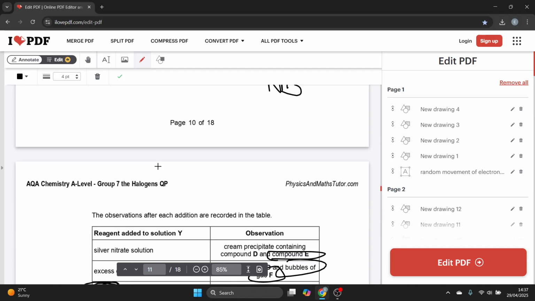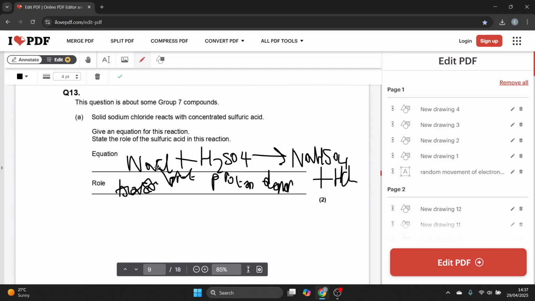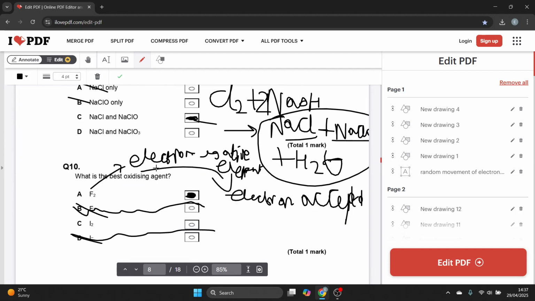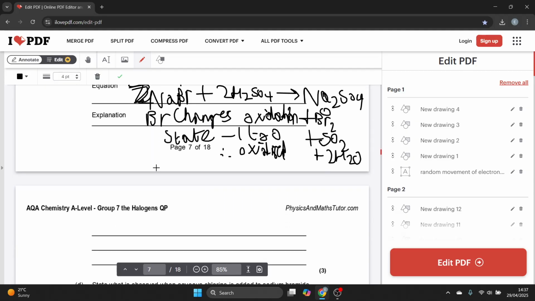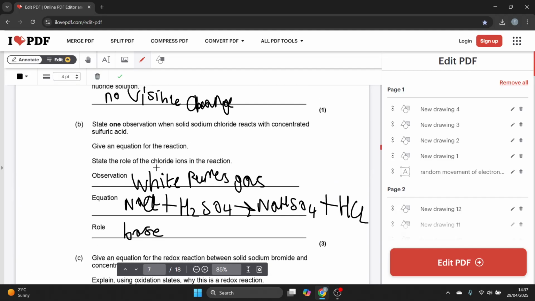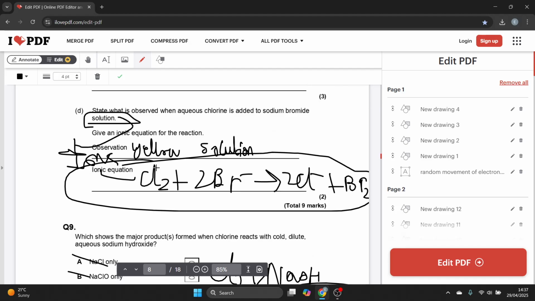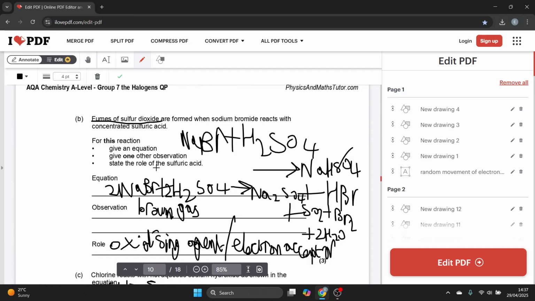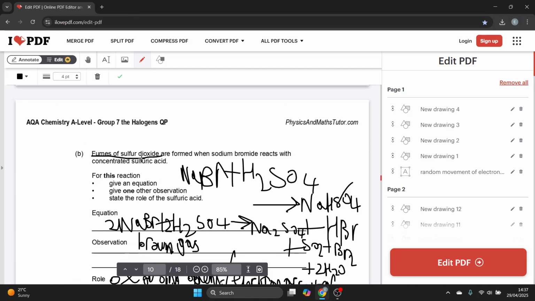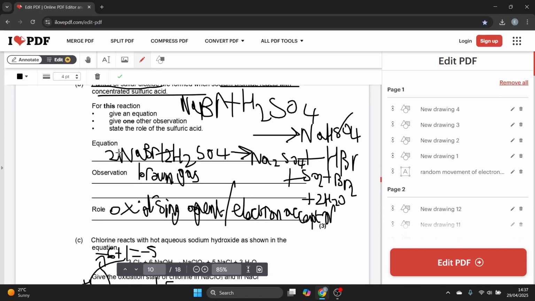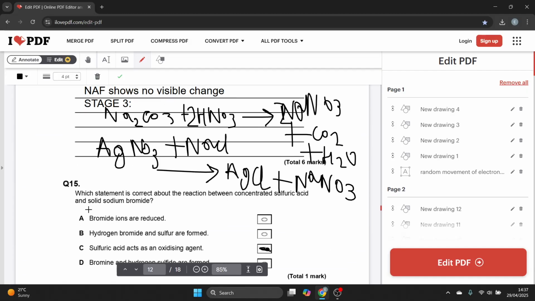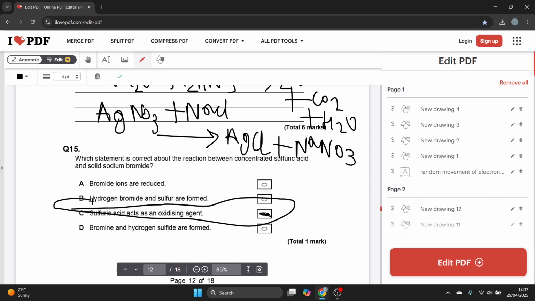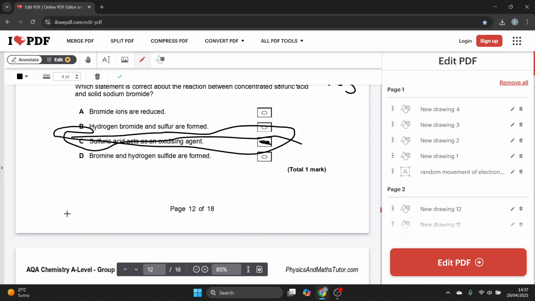Because we just did the previous question on it. Yeah, here it was. Sodium bromide with sulfuric acid. State the role of sulfuric acid. Sulfuric acid acts as oxidizing agent. So just by memorizing that, I can spot immediately.